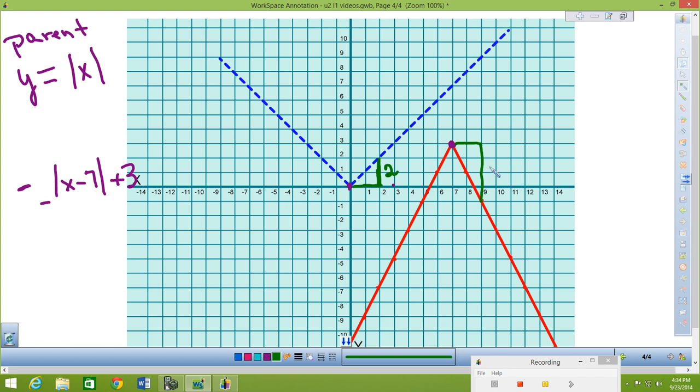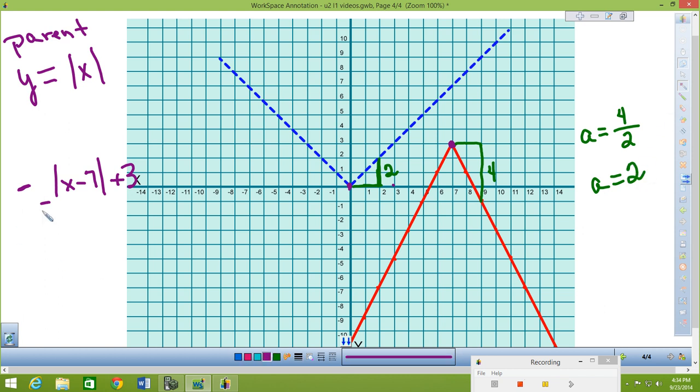This new height is 4. So I find that a value by doing the new height, 4, divided by the parent height, which is 2 in that same place. So 4 divided by 2 is 2. So I know my a value is 2.